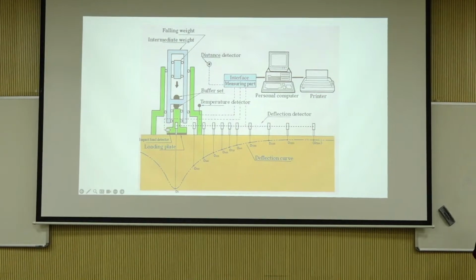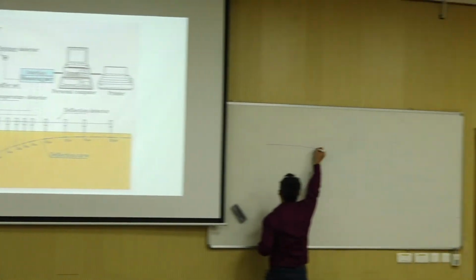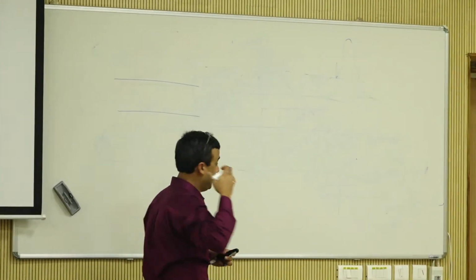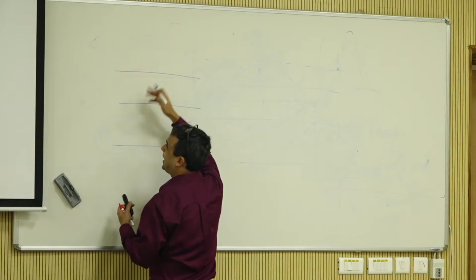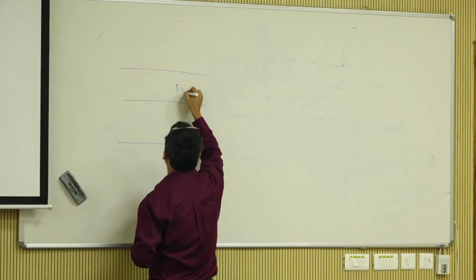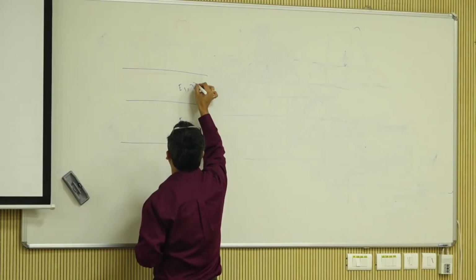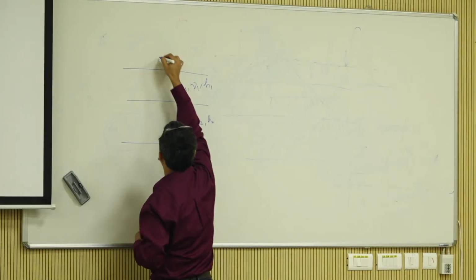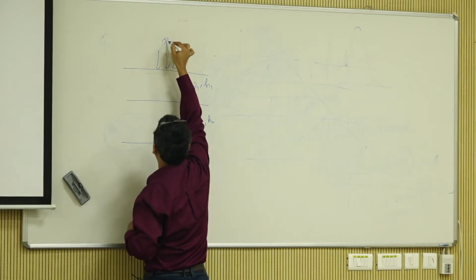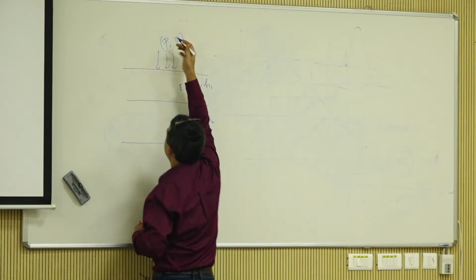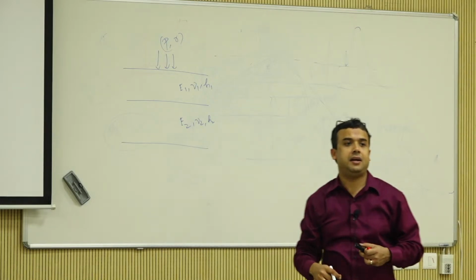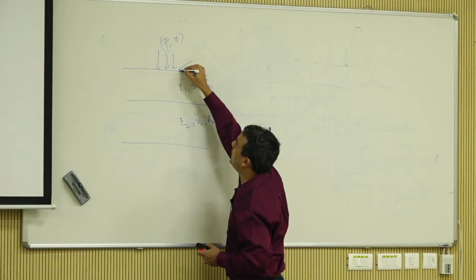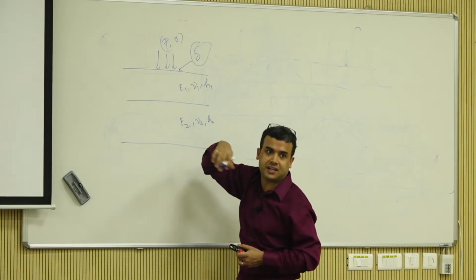If you have a pavement, let's go back to our pavement analysis that we talked about yesterday. I'm going to make it a two-layer system, just easy: E1, E2, mu1, mu2, H1, H2, and then I'm going to apply a load over an area. I'm going to say P comma R. That will give me the stress and such, right? So with P comma R, I'm interested in the deflection on the surface at any point.